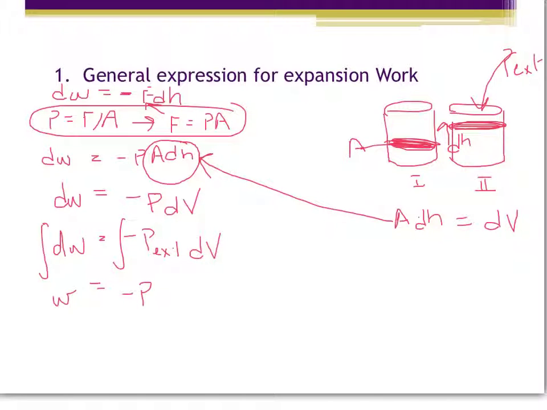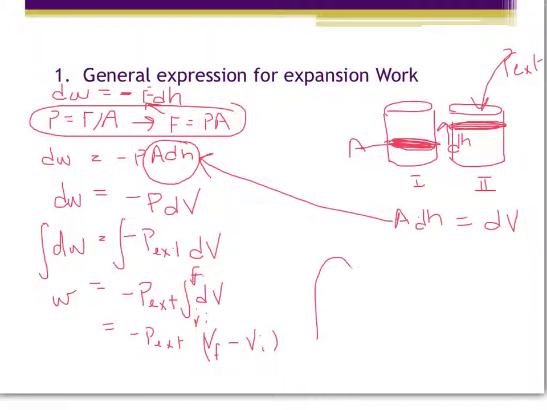We will take the external pressure outside the integral because we know it is constant pressure, and integrating dV, our solution would simply be V. We go from the initial to the final state, and after we solve for that integral, the answer is V. Knowing that we go from initial to final, we subtract the final state minus the initial state.